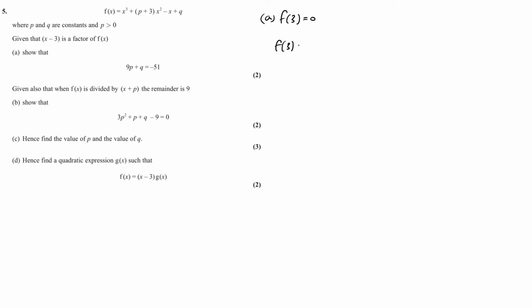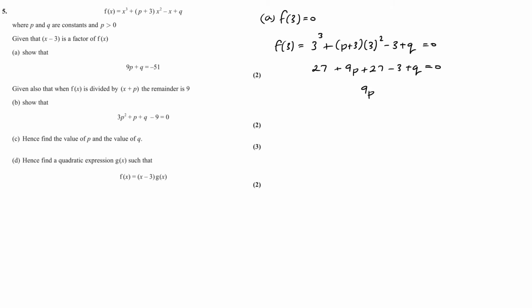So f of 3 is 3 cubed plus p plus 3 times 3 squared minus 3 plus q equals 0. So we've got 27 plus 9p plus 27 minus 3 plus q. 27 and 27 is 54, and 54 minus 3 is 51.